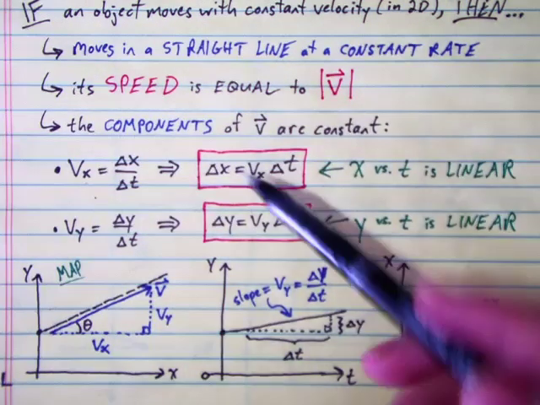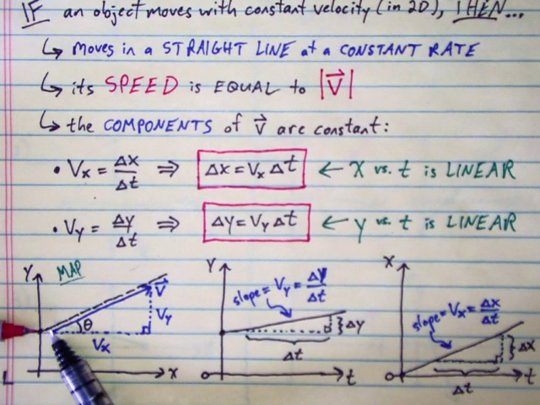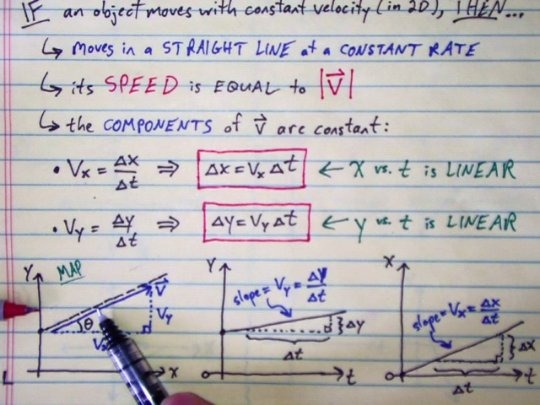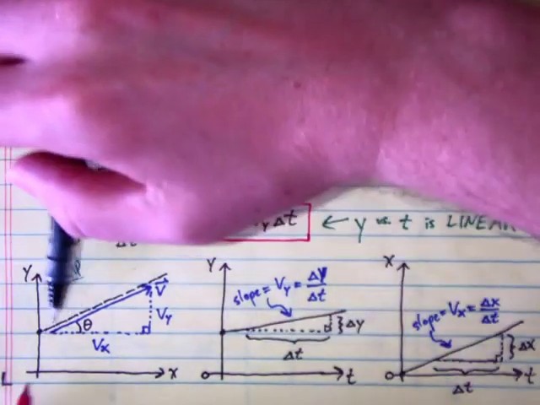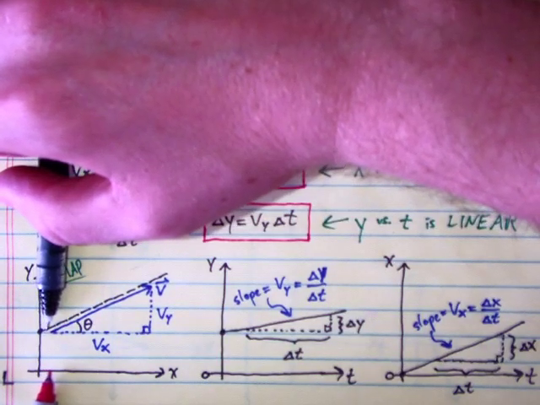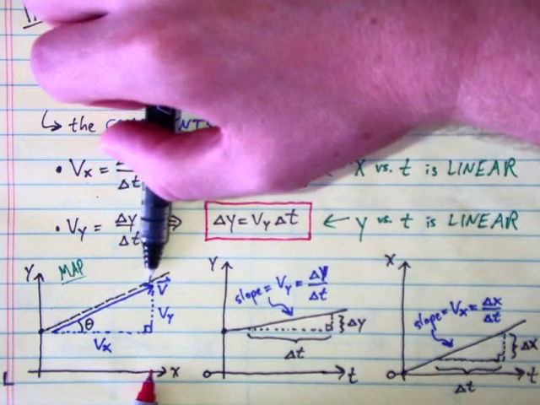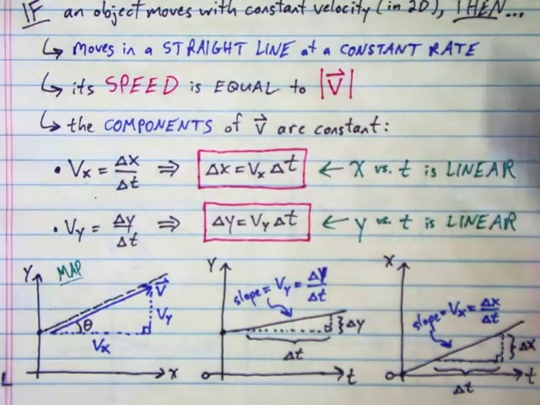Okay, so then you could look at your y-coordinate. It's changing with time. As I move along this path, my y-coordinate is increasing. And my x-coordinate is also increasing as I move along this path. So I've got a delta y versus time and a delta x versus time.